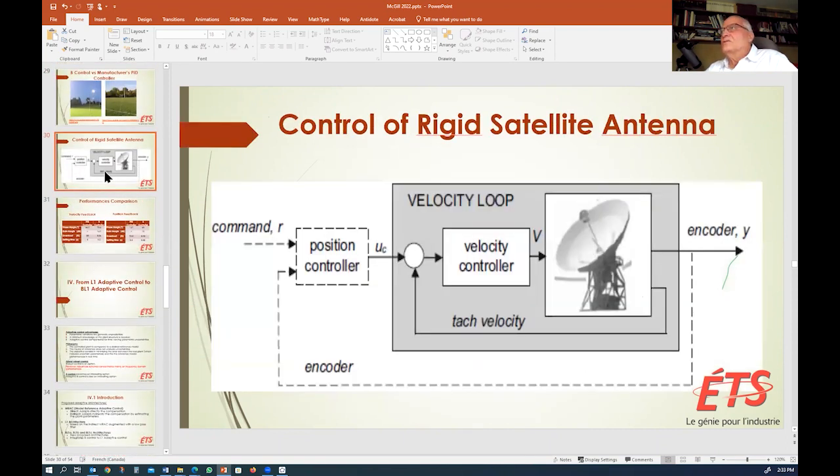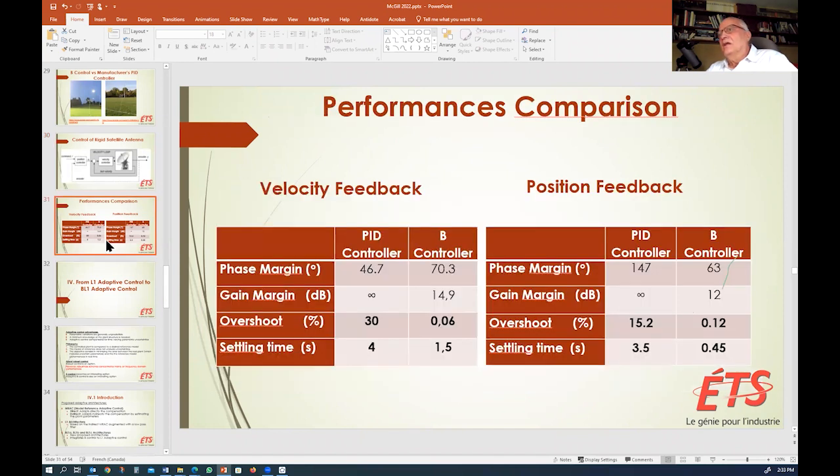We tried it also to control a satellite antenna. We have a model of a satellite antenna that we received, and what we have to do is basically build velocity feedback and a position feedback in order to get improved performance. And without a big effort, because we can still add, as I said, pre-filters, we can still add predictive filtering and so on.